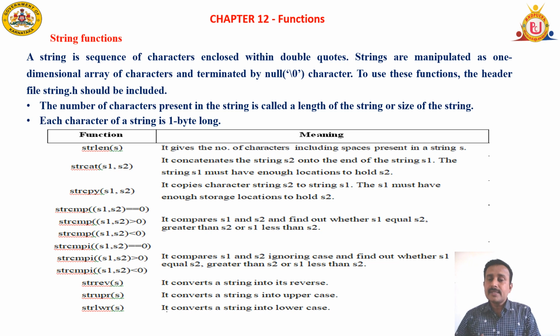If it is in lowercase, the ASCII value is greater. So with the ASCII value comparison, if both the strings are exactly equal, in the same case, that is either uppercase or lowercase, it returns 0. If the first string is higher, it returns a bigger value. If the second string is higher, then it returns less than 0.